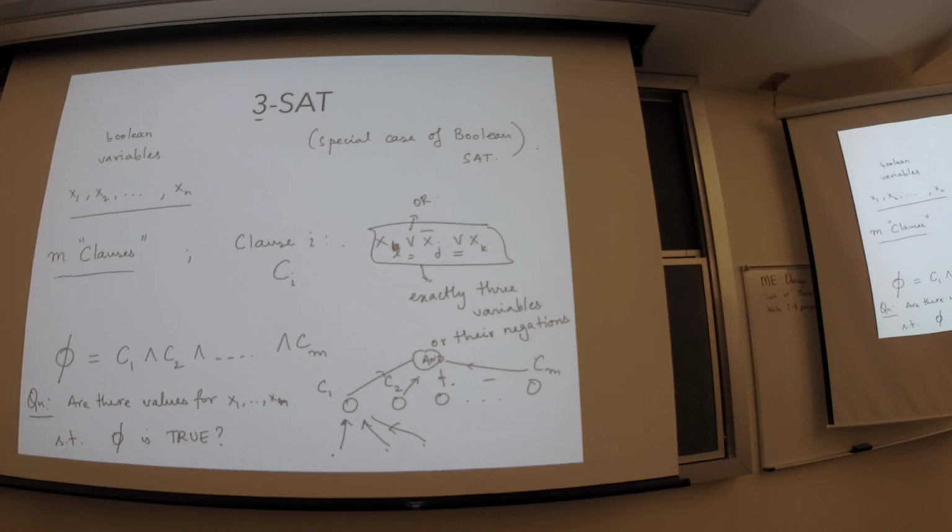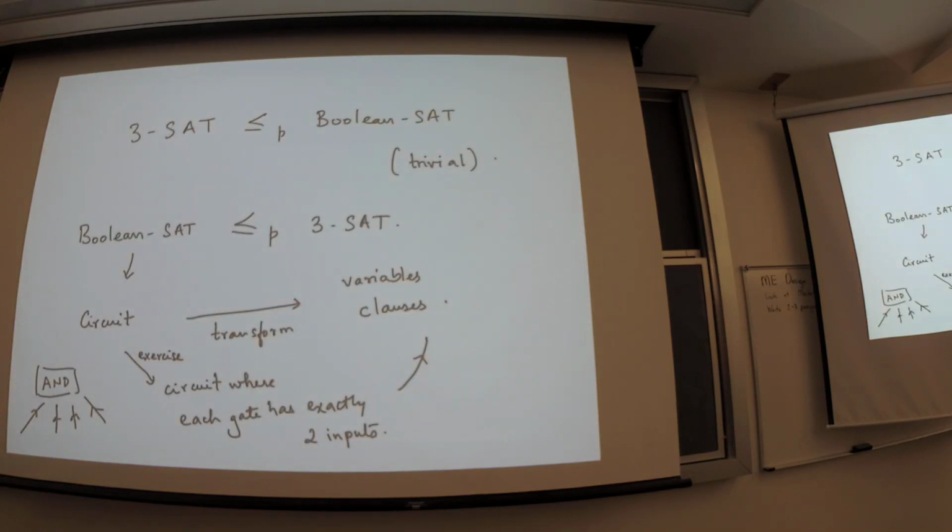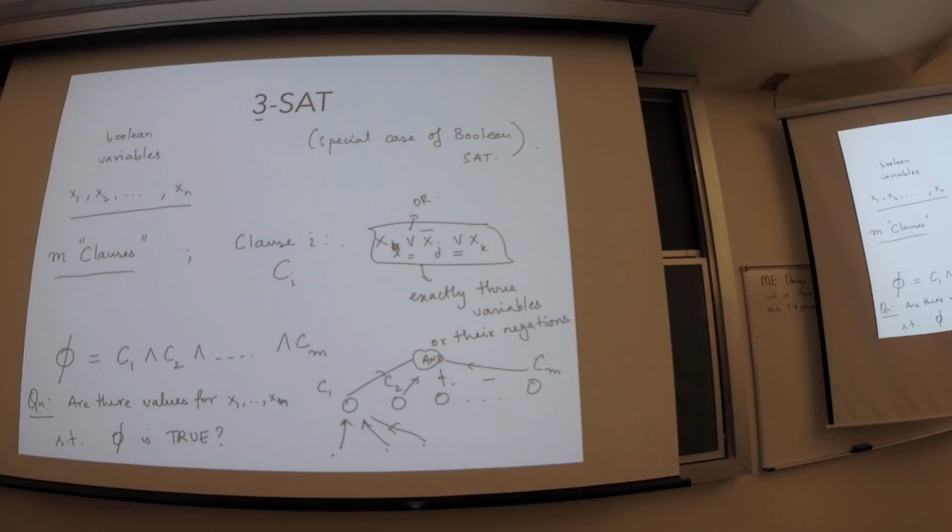The trick, which we'll see next class, and I'll spend maybe 15 minutes of next class trying to finish this up, is that for every gate you introduce a new variable, and you ensure that that gate is computing the right answer. That you can write as a bunch of ORs like this.